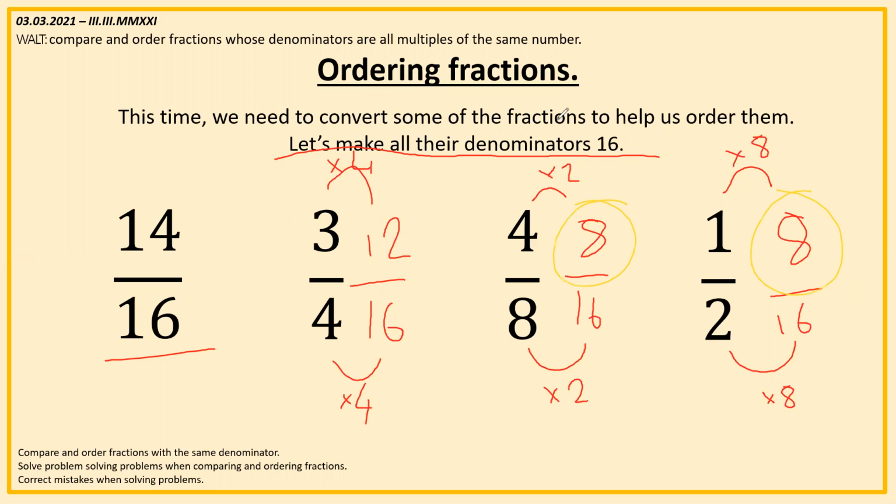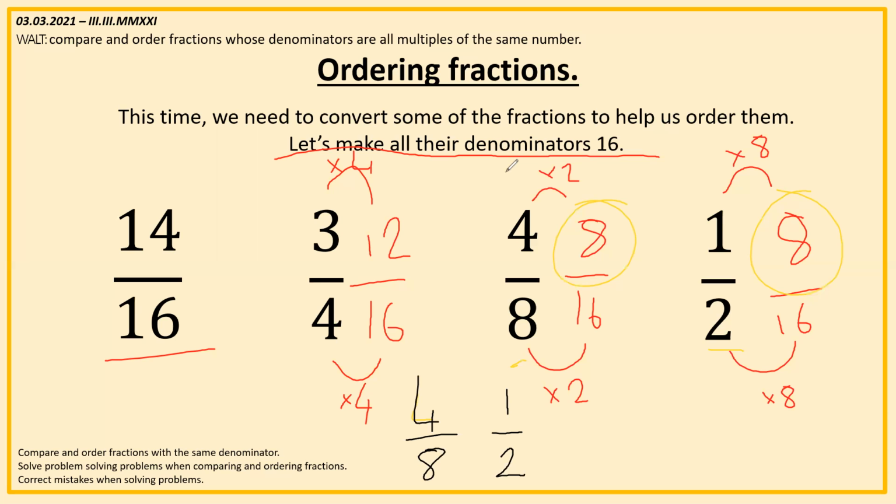So they are going to go first. Now, as I said, it doesn't really matter which way around you put it. They're worth the same value. We're going to put the original fractions in. So I'm going to have 4/8 and then 1/2, because they are the same. You could put them on top of each other, but I've not got space here.